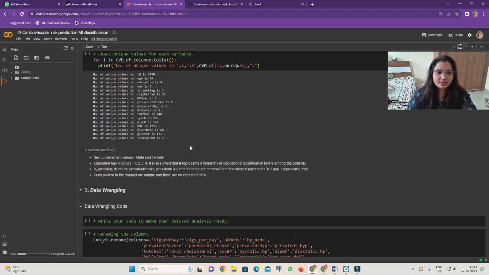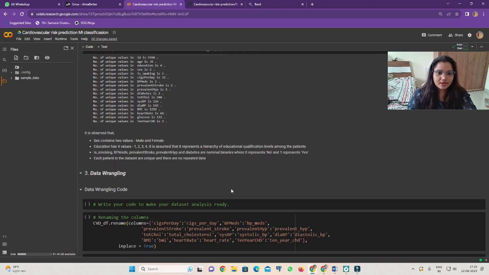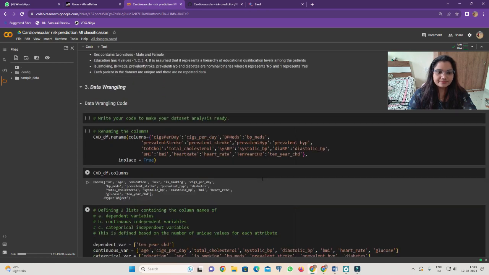Smoking, BP meds, prevalent stroke, hypertension and diabetes are nominal binaries, where 0 represents no and 1 represents yes. Each patient in the data set is unique and there is no repeated data.